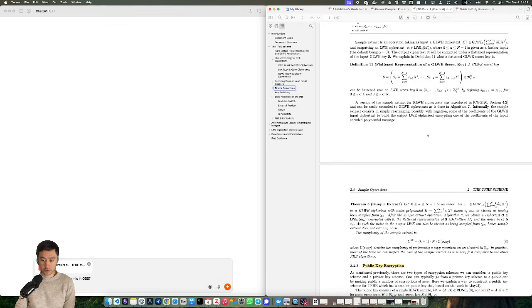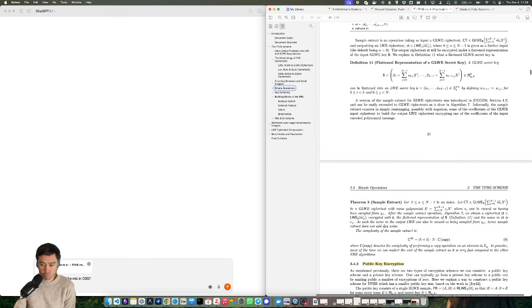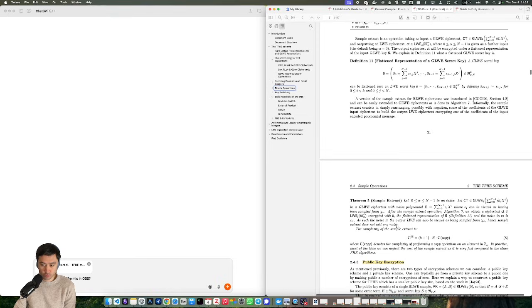So it's an encryption of a polynomial, and you're extracting one of its coefficients, right? And the alpha, I guess you can choose, but they say the default is alpha equals 0, so you're extracting the constant term. We're not adding noise.